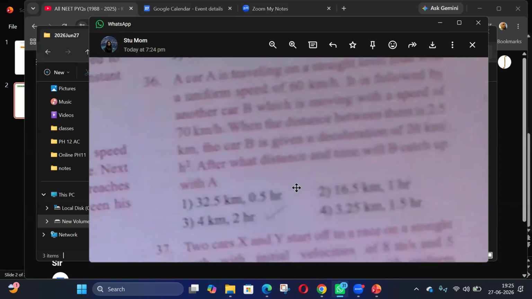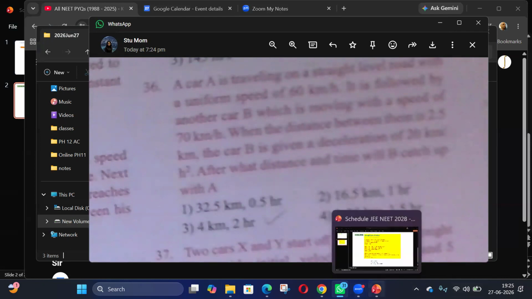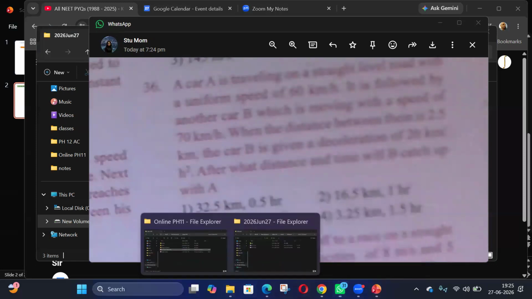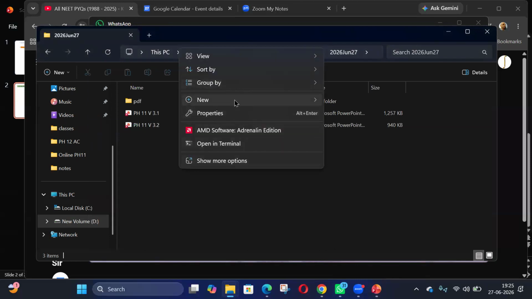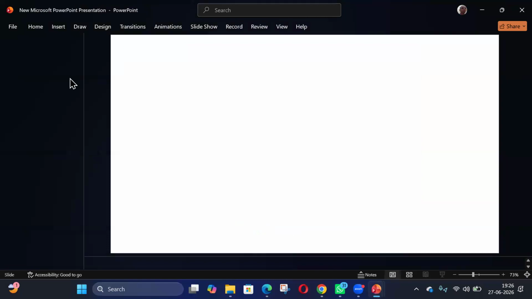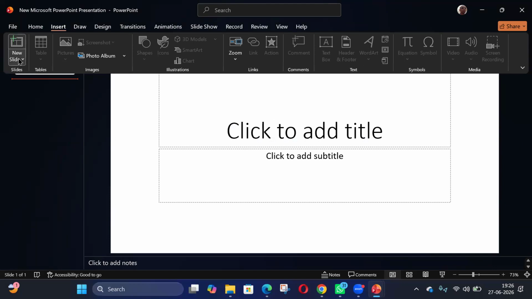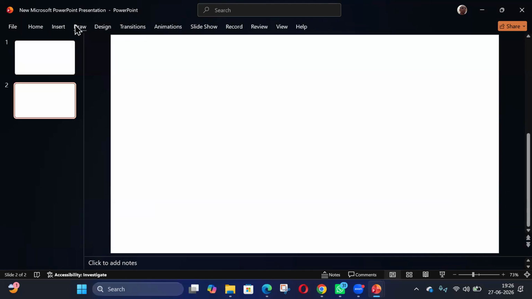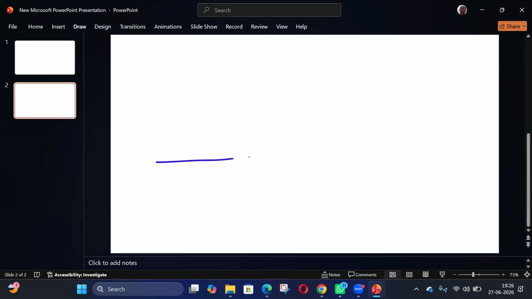First, you have to draw a small diagram to understand the situation. So it's a straight line motion, straight road.